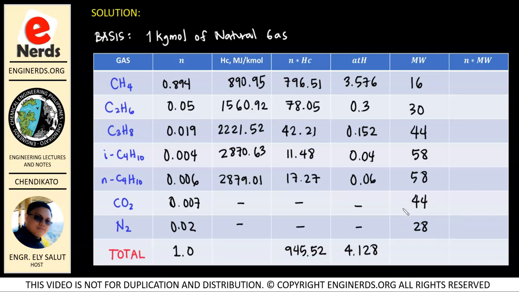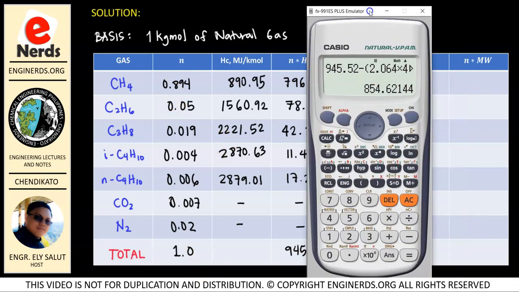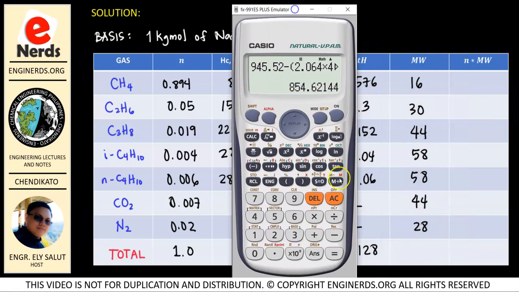So, now, we don't need to get the total. Ang kailangan natin is i-multiply itong molecular weight natin sa mole fraction. Okay, so let us start. Okay, lagay ko to sa gitna para kitang-kita natin yung mga values ng ating mole fraction and molecular weight. So, unahin natin itong CH4.